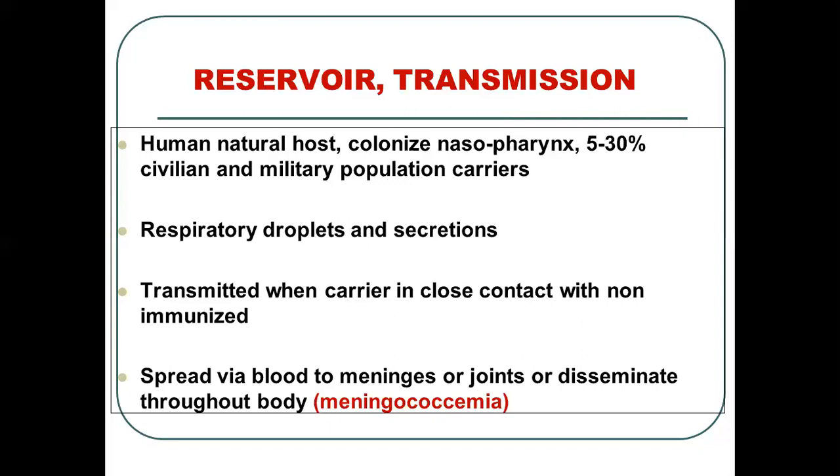The organism is transmitted when the carrier comes into close contact with non-immunized individuals. Broadly speaking, infants are immunized against the microorganism, and elderly individuals above the age of 55 are being immunized by vaccines.